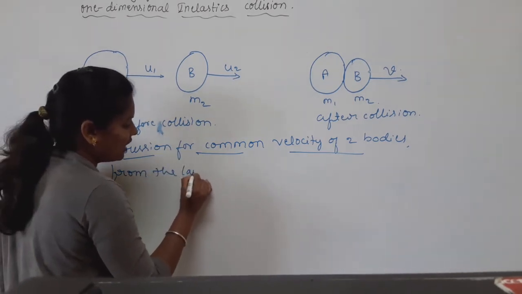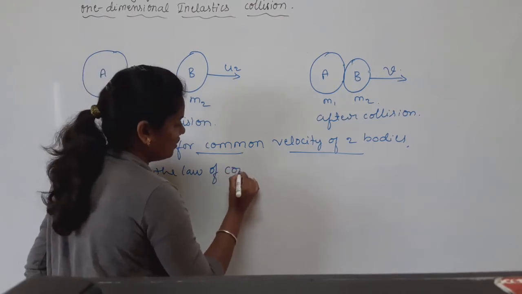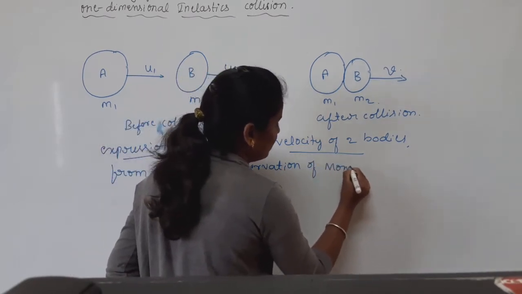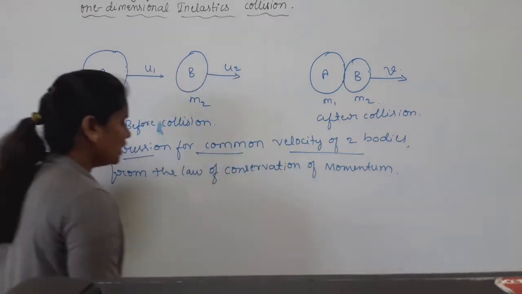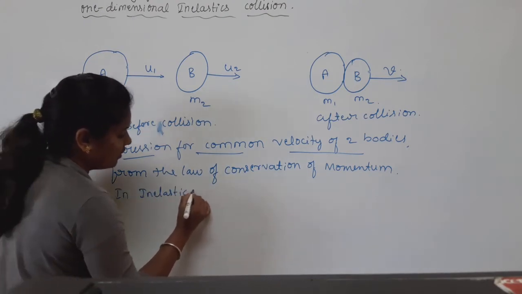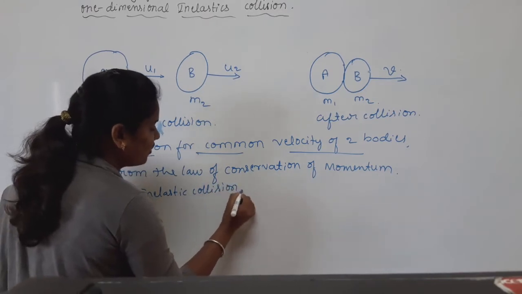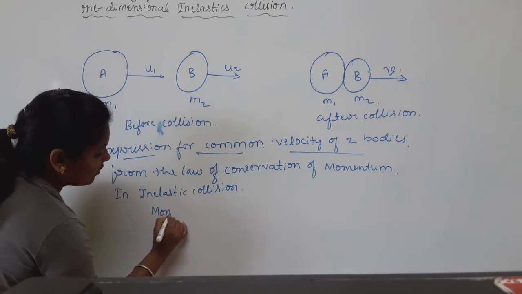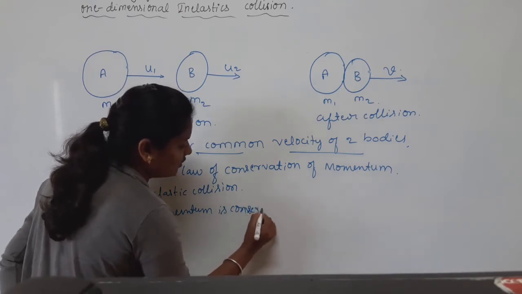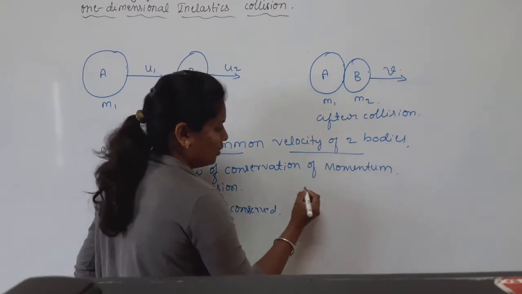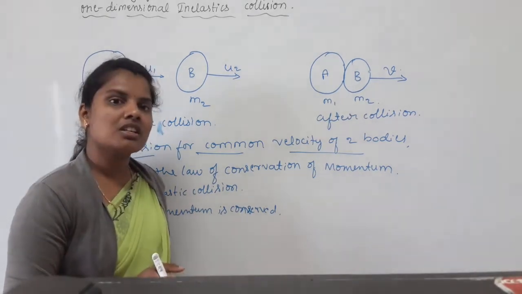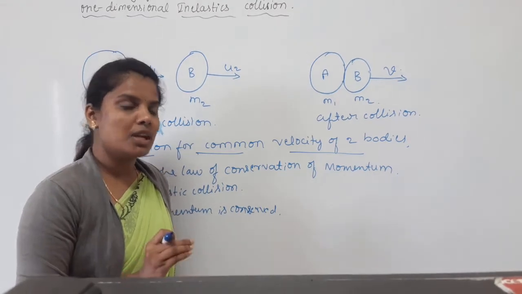The law of conservation of momentum states that the momentum of a system before collision is equal to the momentum of the system after collision.